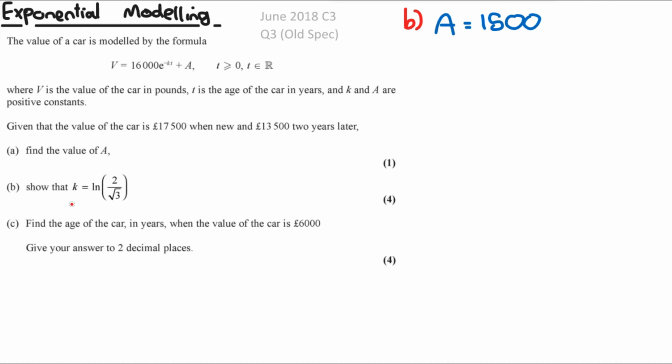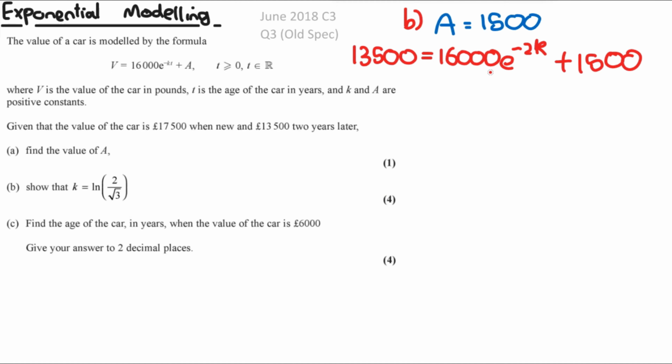So for part B, we need to show that k is equal to the natural log of 2 over root 3. And to do this, we're going to use this information here, that it is 13,500 2 years later. So this is when t is equal to 2. So V is 13,500, and this is equal to 16,000 e to the power of minus 2k, because t is equal to 2, plus a, which we figured out as 1,500.